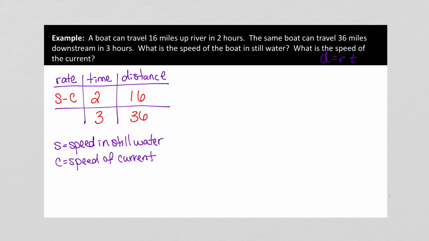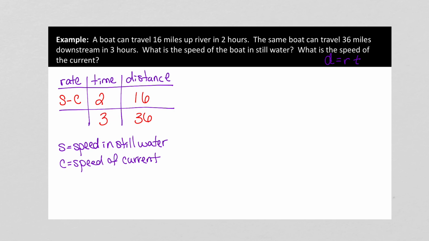Now downstream, you're working with the current, S plus C. So if we have distance equals rate times time, then you've got rate times time equals distance.